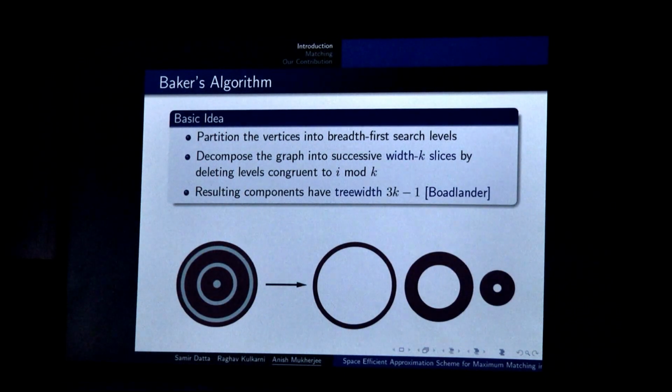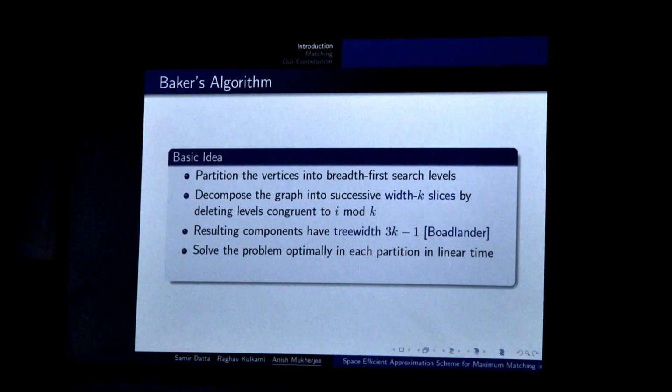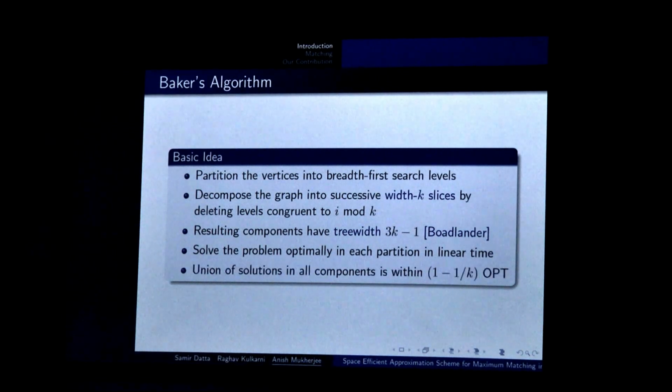And we know that this k outer planar graph has treewidth at most 3k minus 1, so bounded treewidth. The idea is that in all these pieces you can solve the problem optimally, and for some i, if you combine all the solutions, you will get a solution which is arbitrarily close to the optimum value depending on what k you choose.